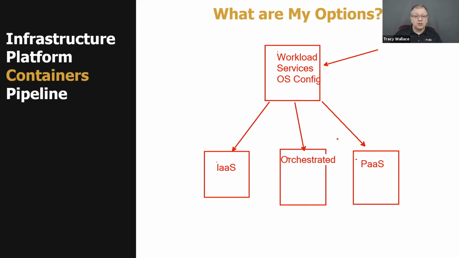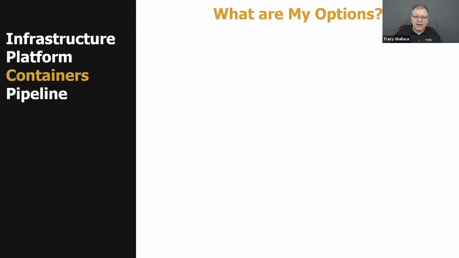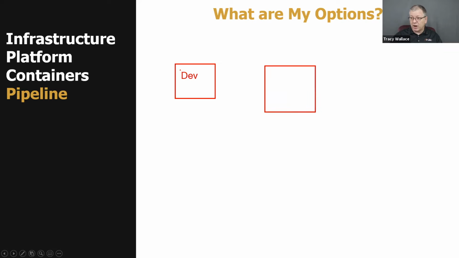Now, taking that to the next level, we have this idea of a CI/CD pipeline. Maybe that's enough for me, maybe it's not, but I've got my dev environment here, and then I've got a pipeline, and I'm going to be real vague on this because we are not going down the CI/CD road right now.